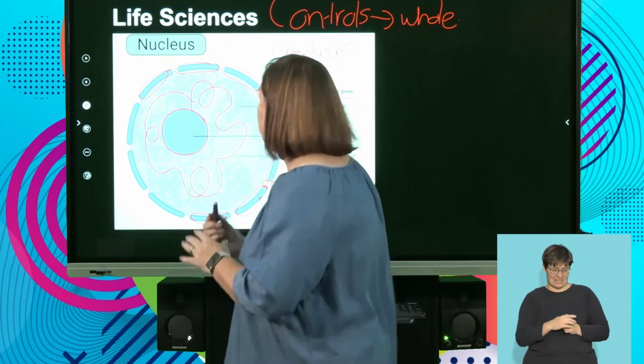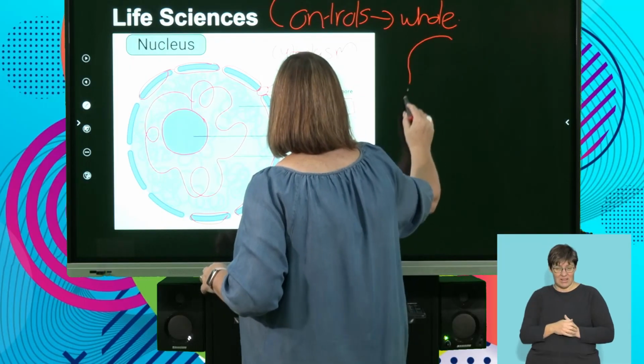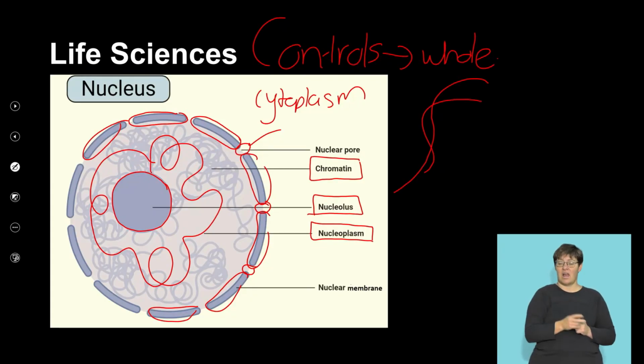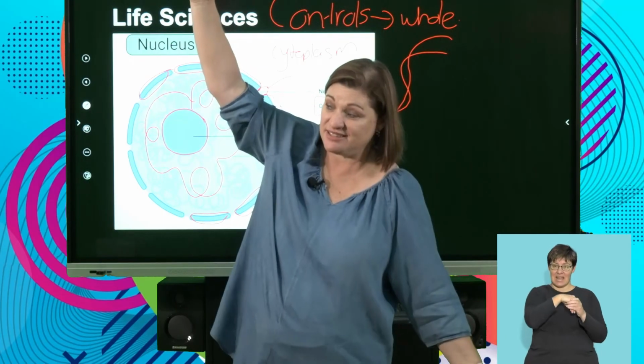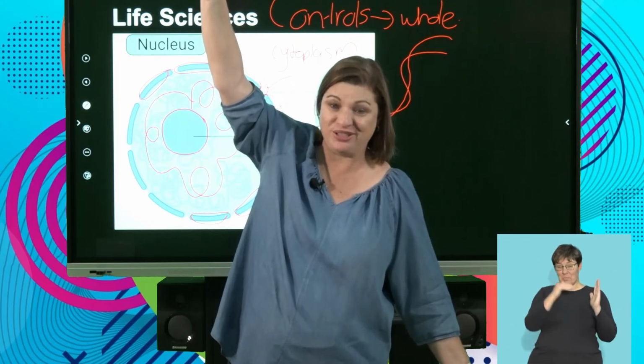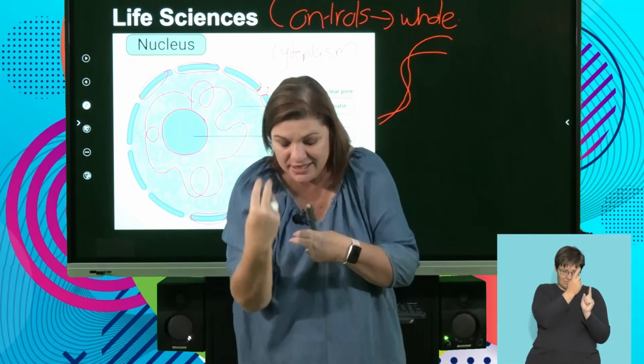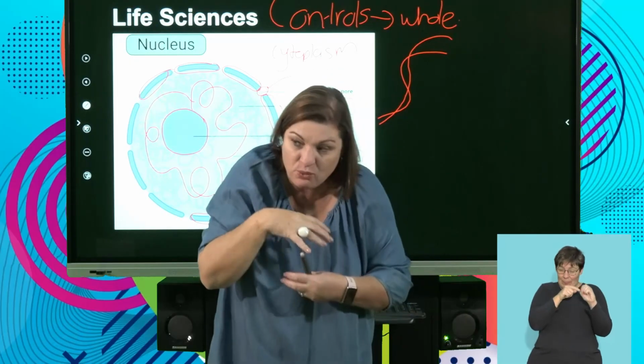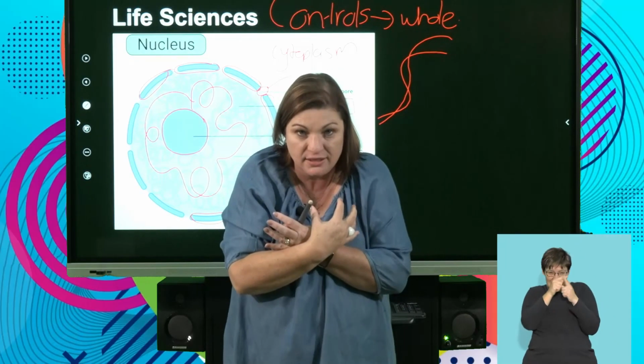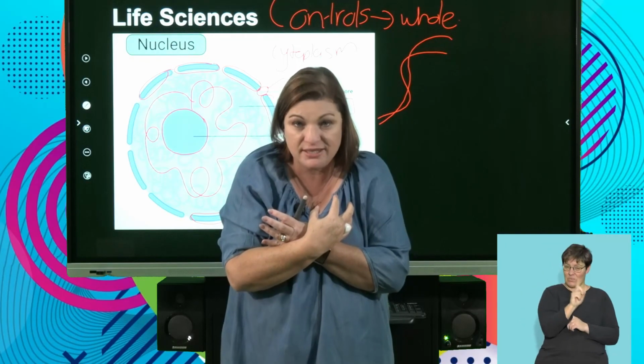deoxyribose nucleic acid. And you are very familiar with this twist of what the DNA is. But when the DNA is in the cell, it's 2 meters long. It's huge. So what it does is it coils up and tangles up, and when the cell is at rest, we call it the chromatin network.